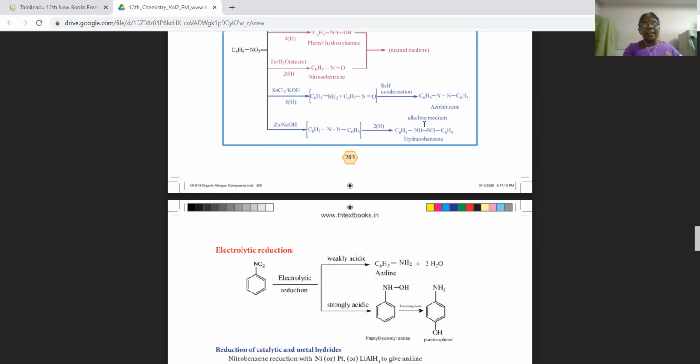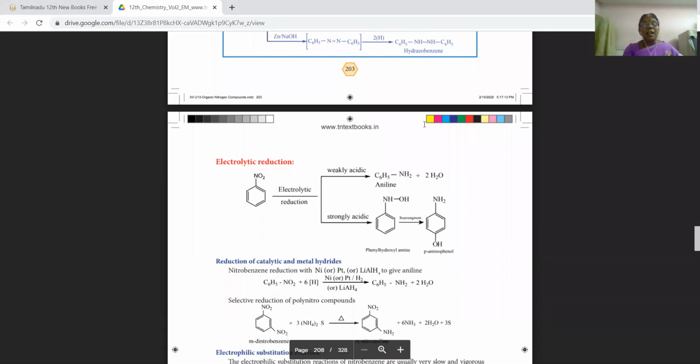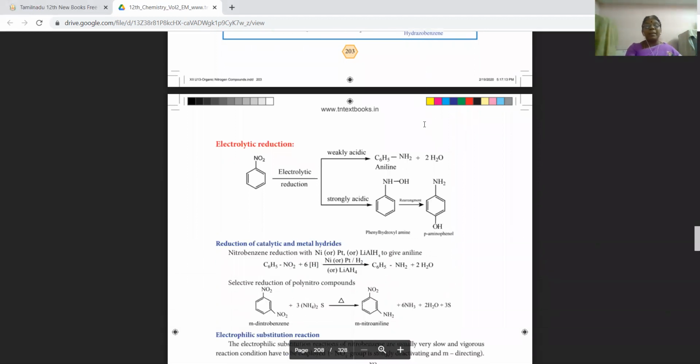Okay. Next is electrolytic reduction. Nitrobenzene on electrolytic reduction, if it is weakly acidic, you will get aniline with water.